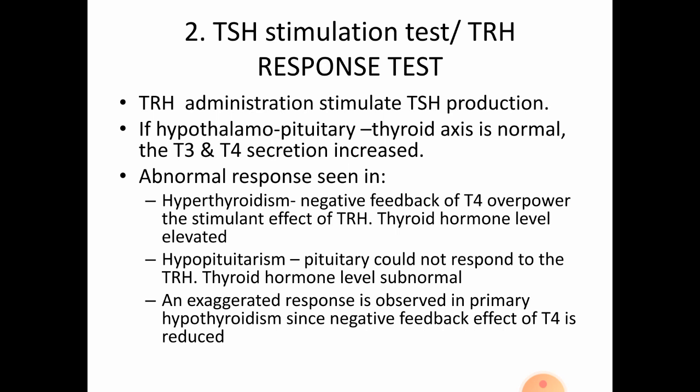In hypopituitarism, the pituitary could not respond to the TRH, and the thyroid hormone levels remain in the subnormal range. An exaggerated response is observed in primary hypothyroidism since the negative feedback effect of T4 is reduced.